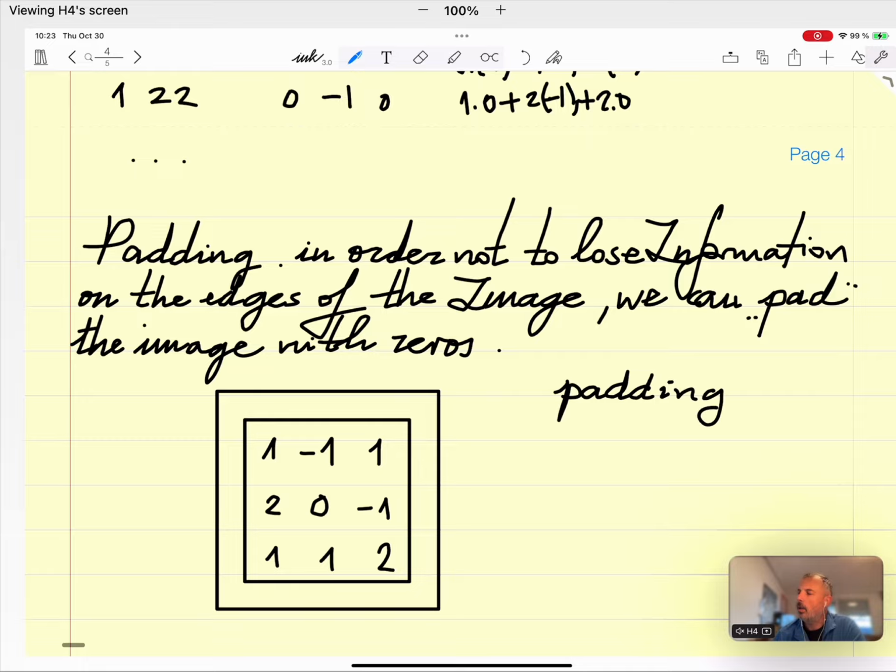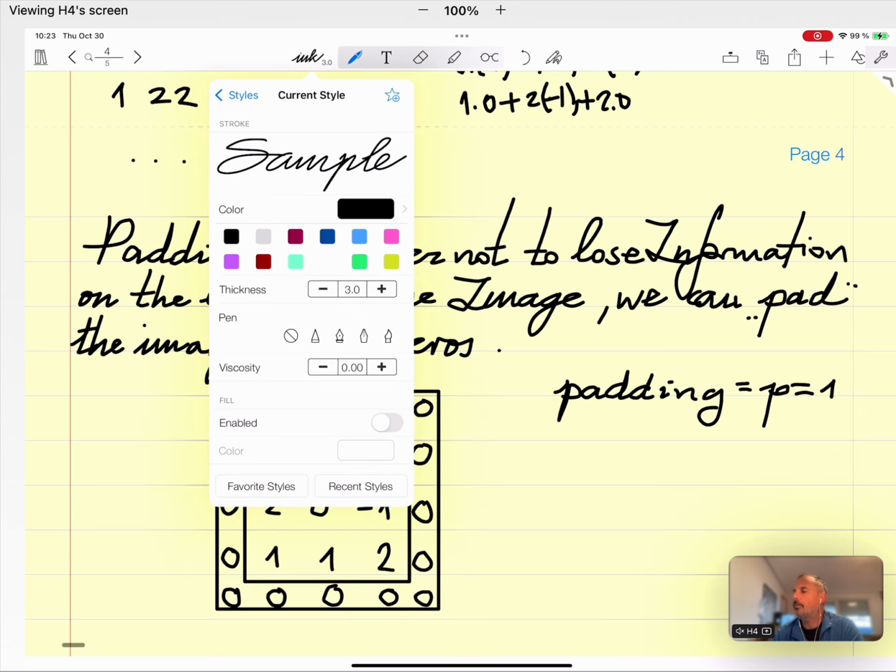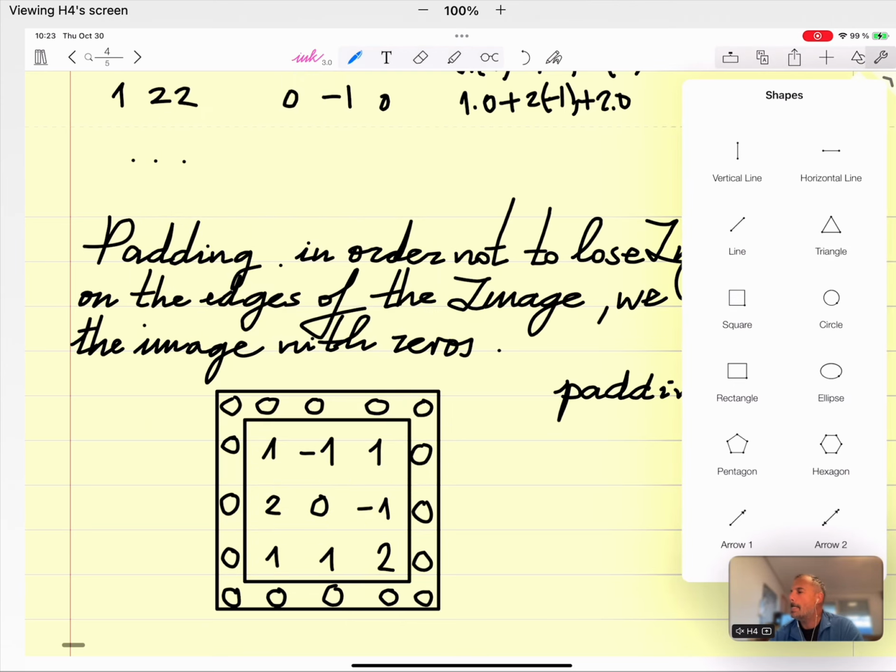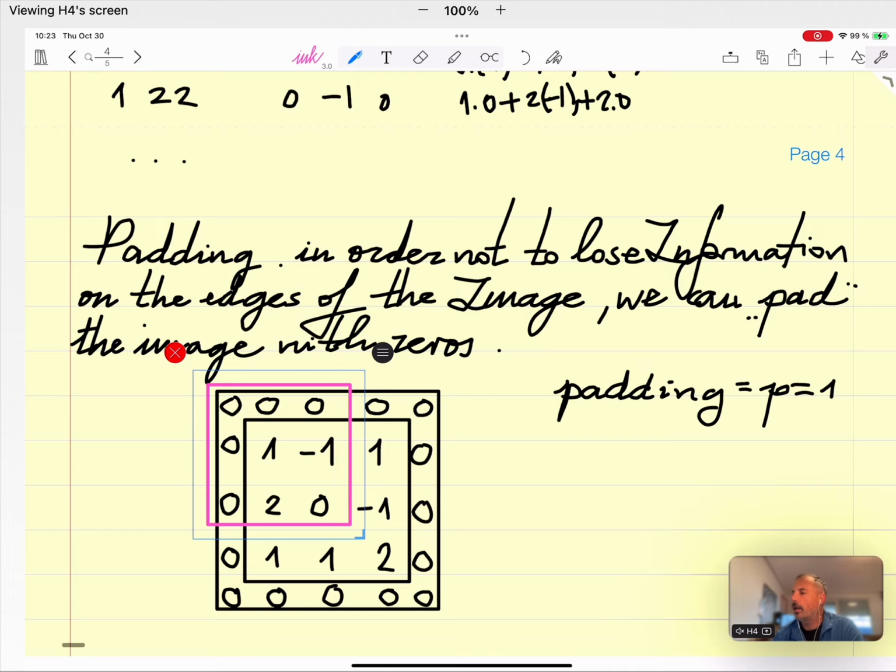In this example, p equals 1. So what we do is we add one layer of zeros all around the image. So basically, we are not adding any information to the image, but when we do the convolution, we will start here. So this pixel, which was in the corner and might have been left out with a kernel, is now taken care of.